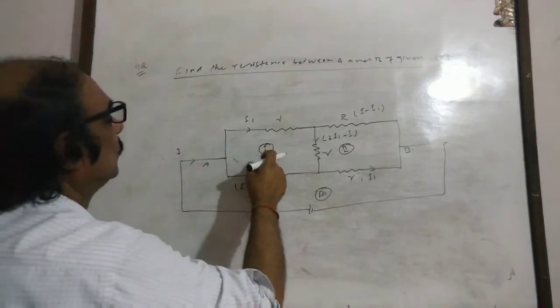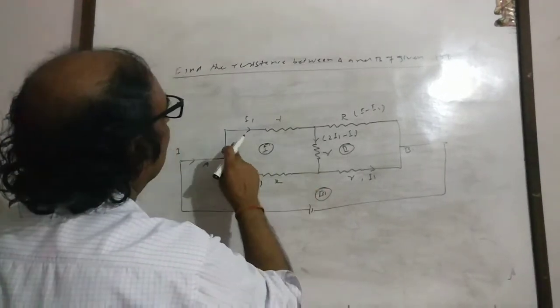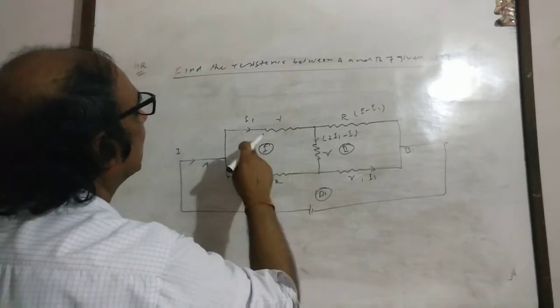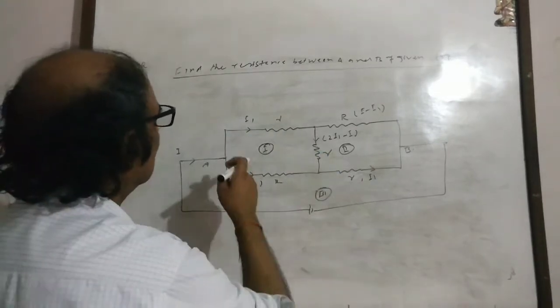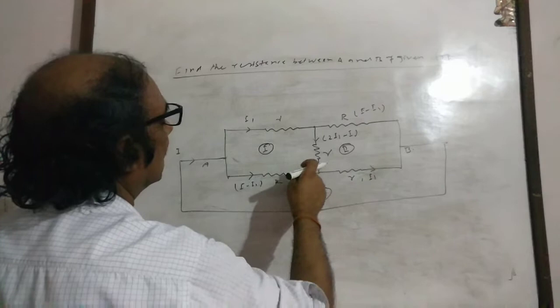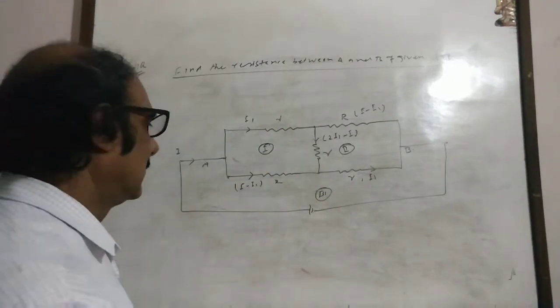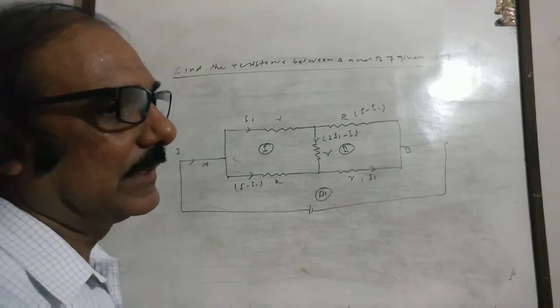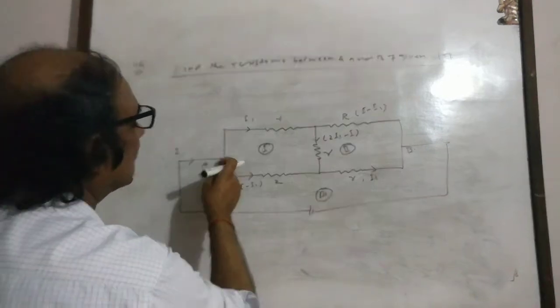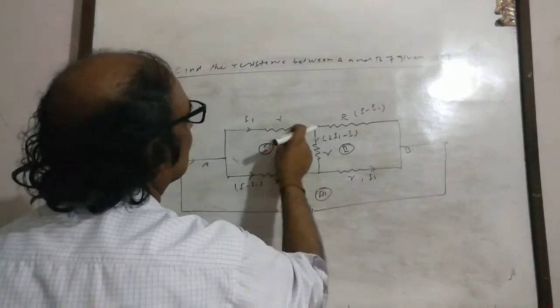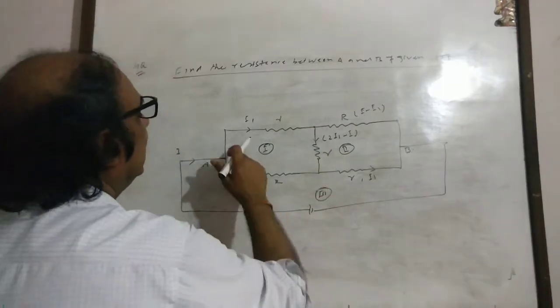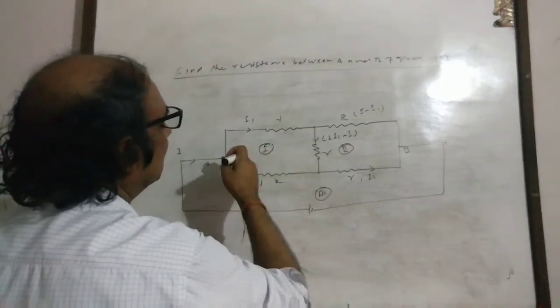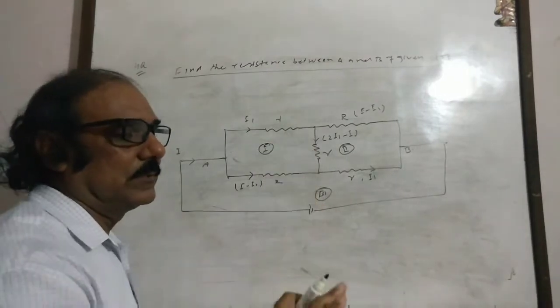In this loop, there is no cell, and any one direction is taken as the positive sign. The next one is taken in the opposite direction. If this one is taken as positive, this one is taken as negative, that's okay.